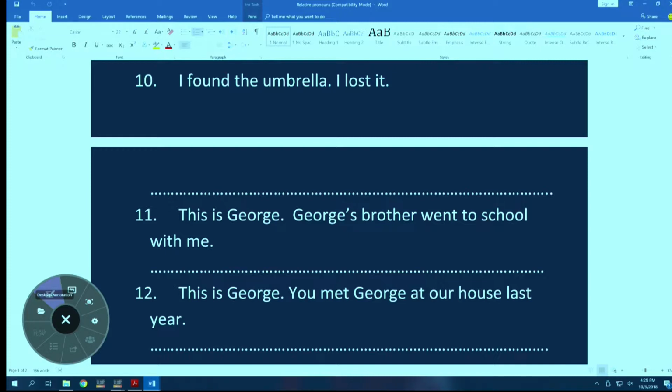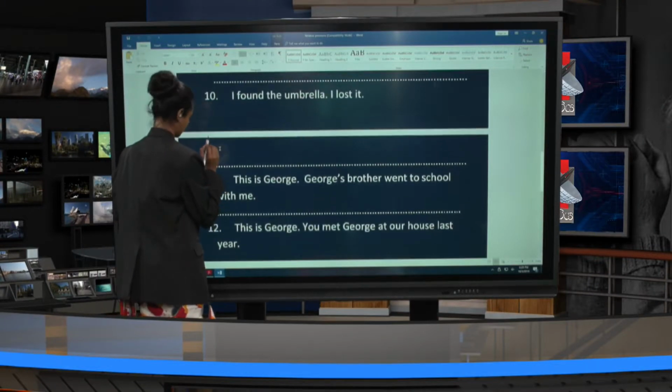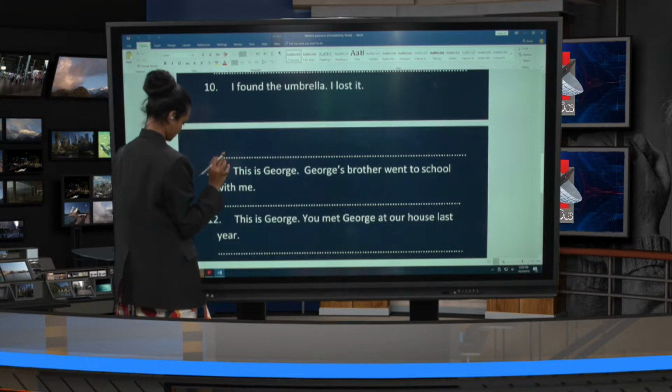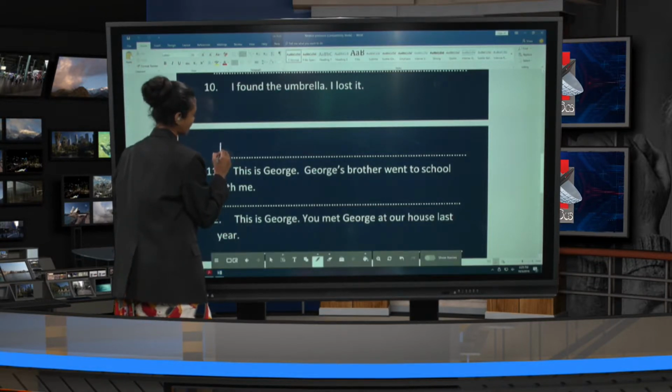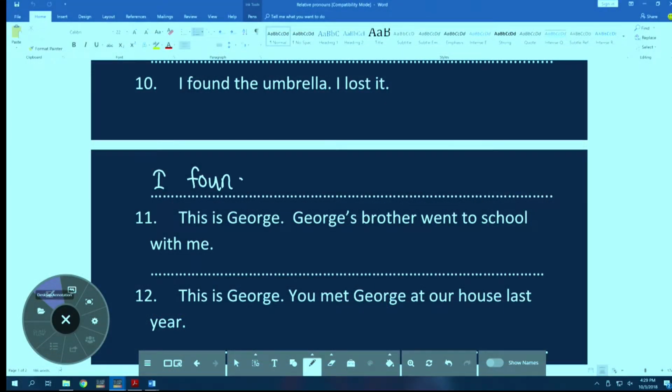Yes, we are going to talk about the umbrella. Then, here. I found the umbrella.